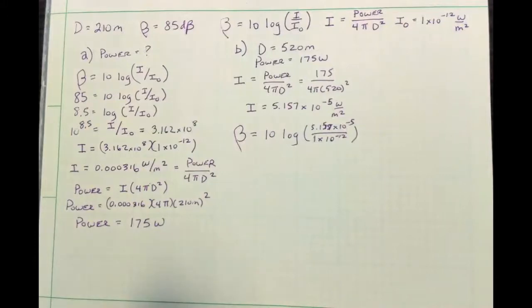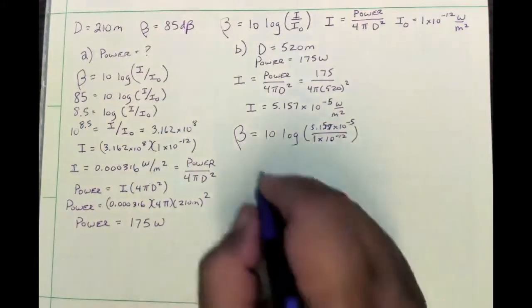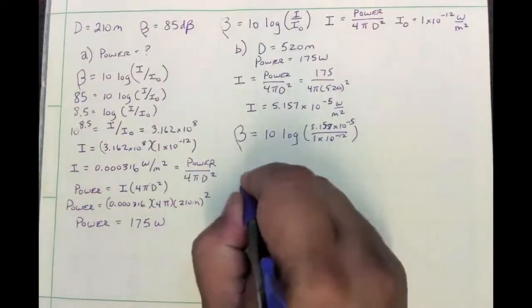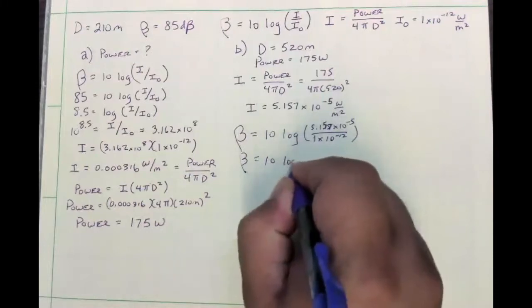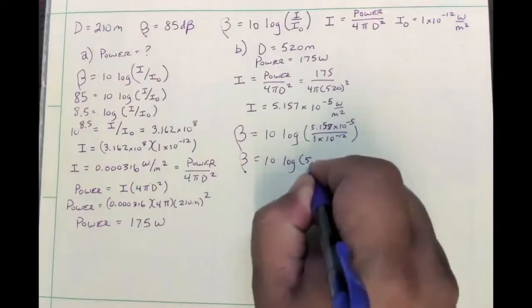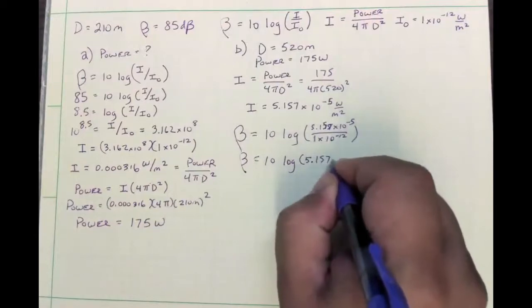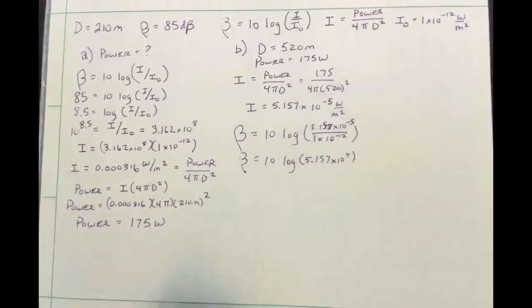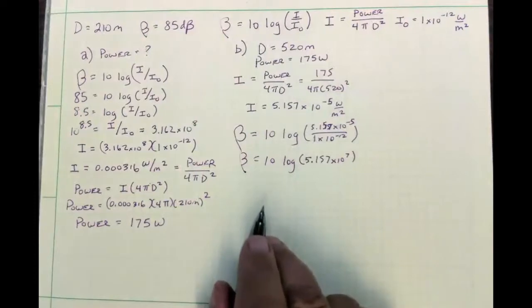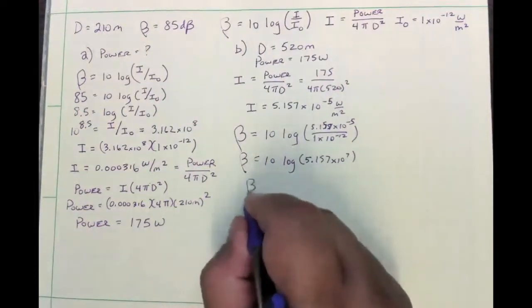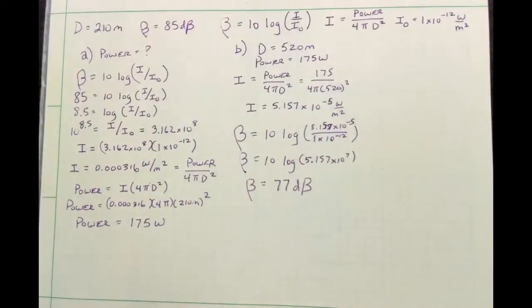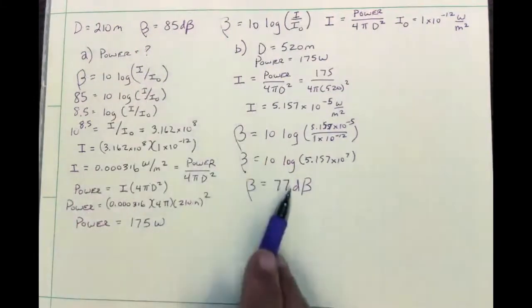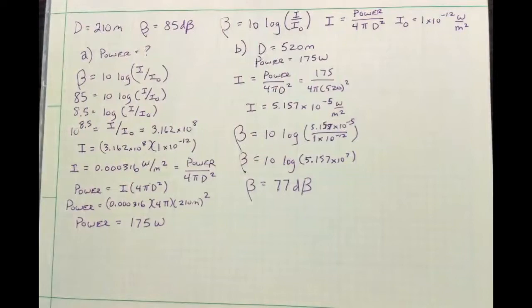So 5.157 times 10 to the minus 5 divided by 1 times 10 to the minus 12 is 5.157 times 10 to the 7th. The log of that is 7.7, and so the final decibel level is 77 decibels. So this higher explosion has a lower decibel intensity, as we would have expected.